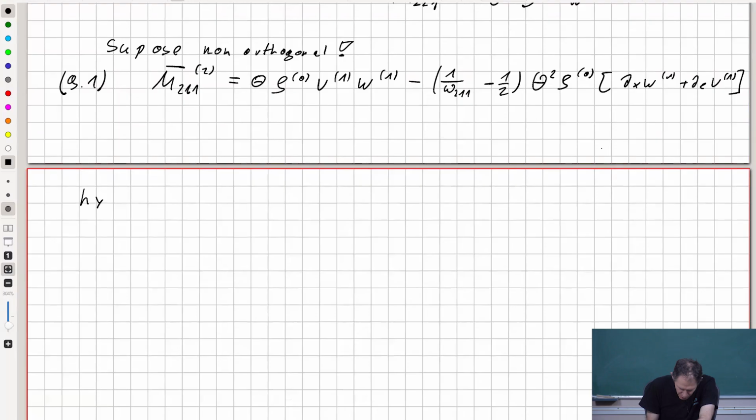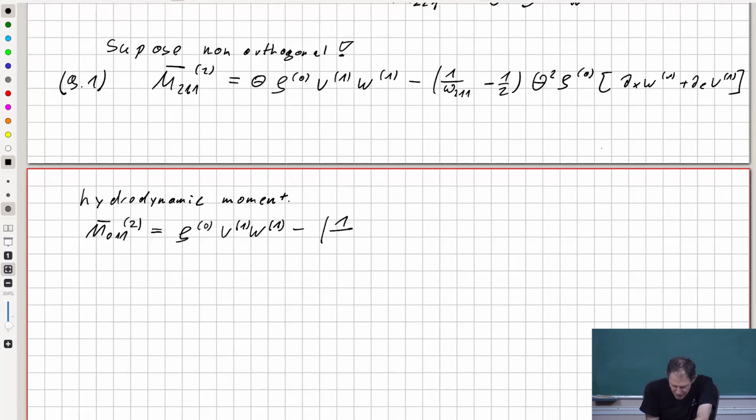The hydrodynamic moment is M011 over bar. Also, we take this to second order, is turning out to be rho 0 V1 times W to the first order minus 1 over, so now that's the hydrodynamic moment.